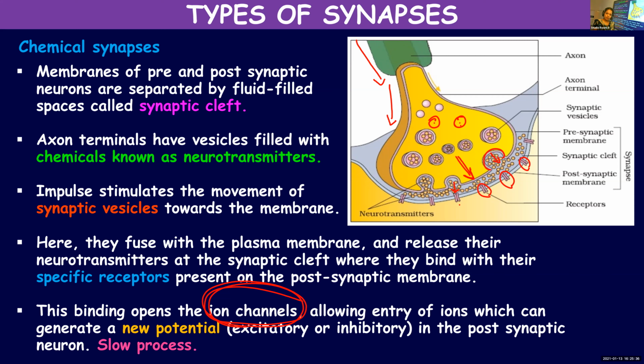So here also, when neurotransmitters attach to these receptors, the permeability of the ions will change, some ion channels will open, and this will promote the entry of ions. As a result, a new action potential will be generated in the post-synaptic neuron, and this is a slow process.